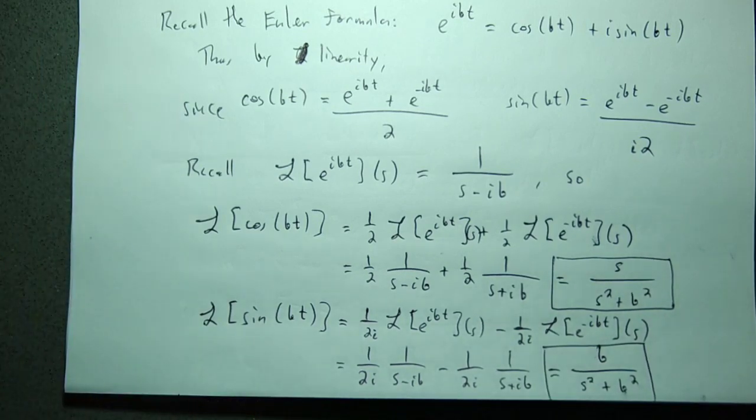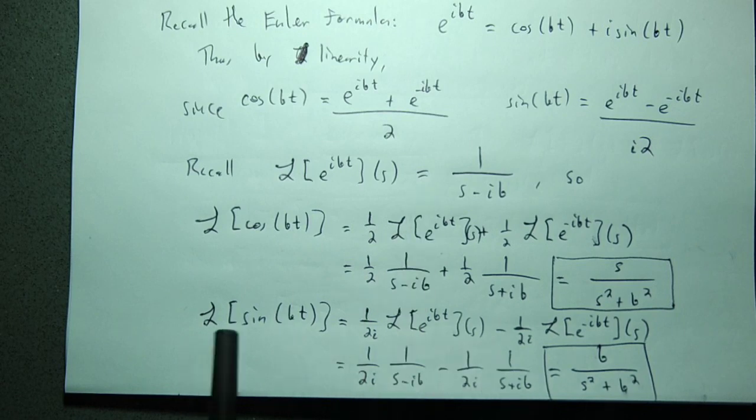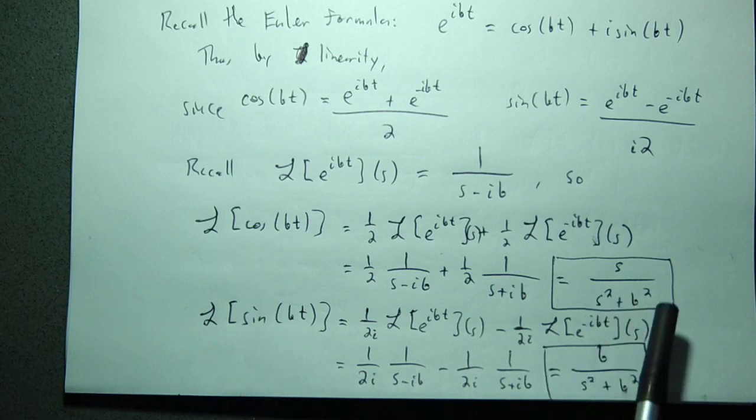Okay. So if you found that slightly confusing, don't worry too much. Again, as I said, you're not going to do a computation like this. If you need to find the Laplace transform of cosine of bt, you're just going to say, oh, that's s over s squared plus b squared.